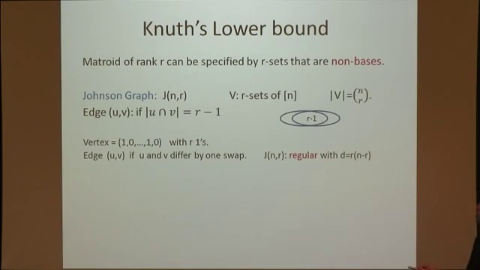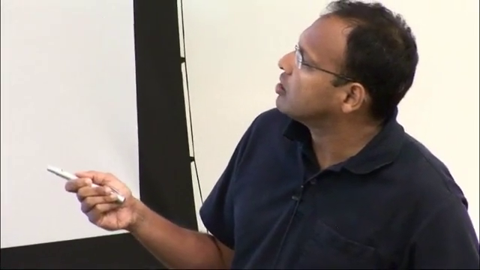A more convenient way to think of them is as a 0-1 vector of n dimensions with exactly r ones, and there is an edge between two vectors u and v if you make a 1 to 0 and a 0 to 1 somewhere else. So you just swap.